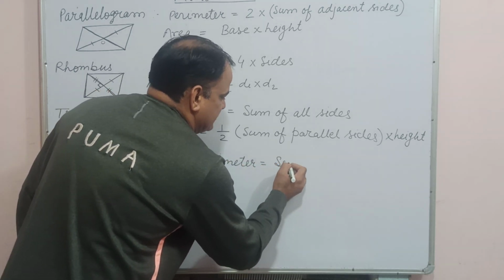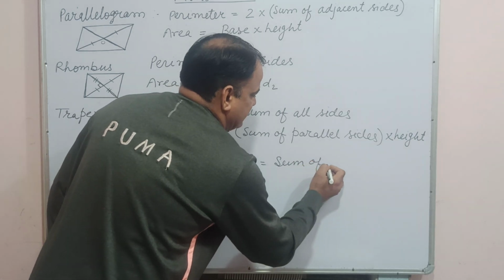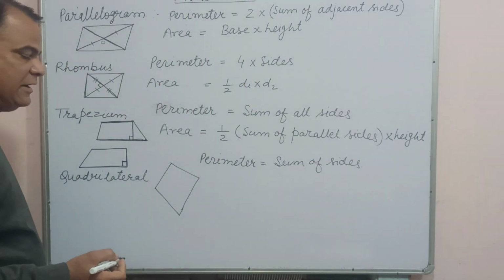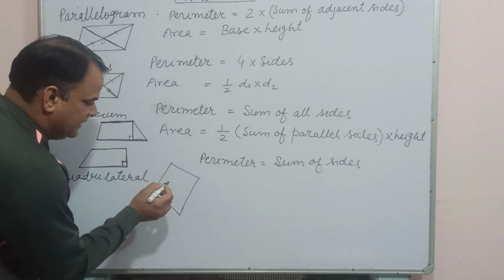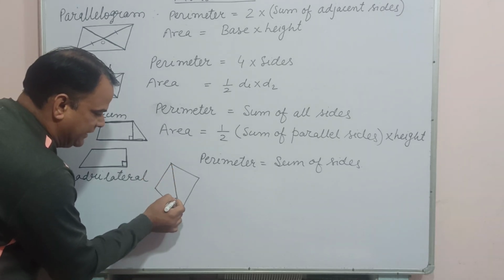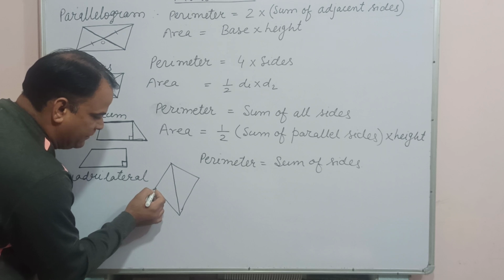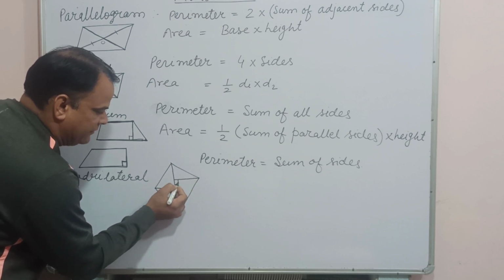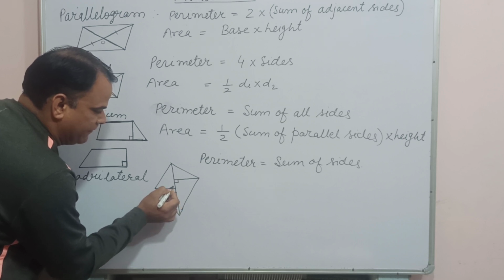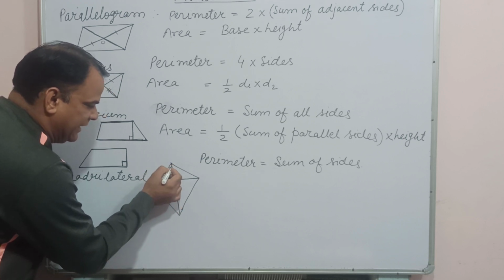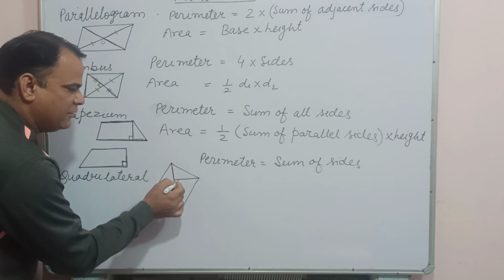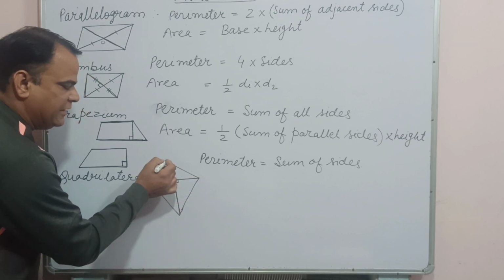In this quadrilateral, the area is found from one diagonal and two perpendiculars from the remaining vertices. This is one diagonal. We can take this diagonal and the perpendiculars from these two remaining points.